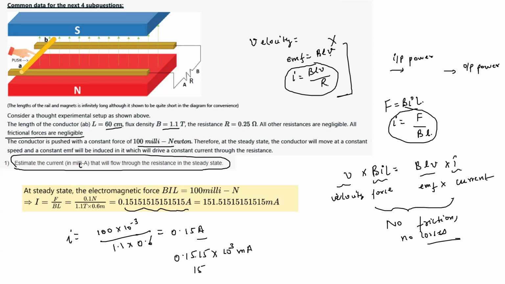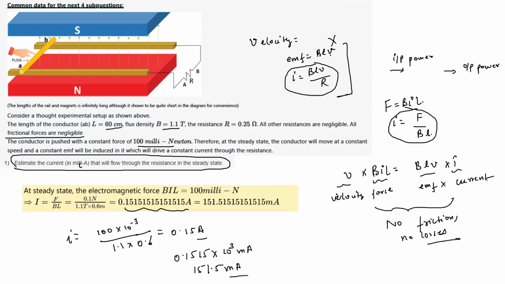So this will be 151 milliampere. So please convert everything into SI units when you're solving this kind of questions. Otherwise, you will not be able to enter your correct answers in proper decimal points. Then you will make mistakes in the decimal point which you are entering.